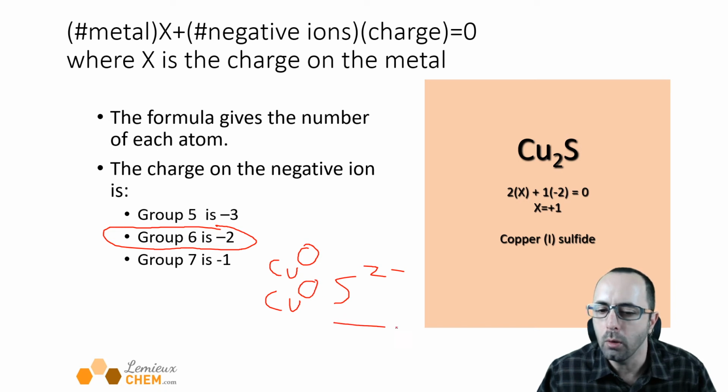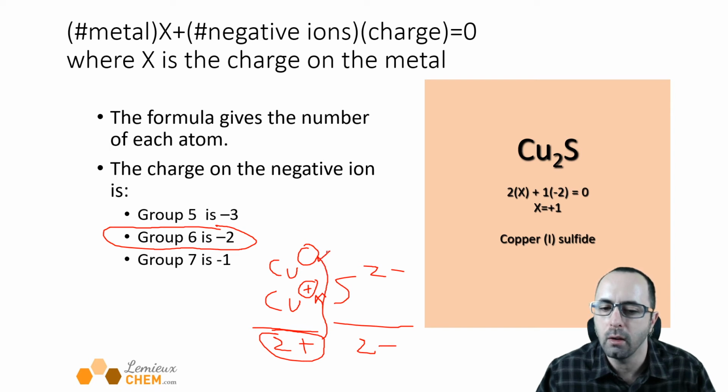But what we do know is altogether we've got 2 negatives from the 1 sulfide. We must also have 2 positives. So one of the positives goes here for a +1, and then the other goes right here for a positive here. And so it's 1 positive, so we call it copper 1 sulfide.